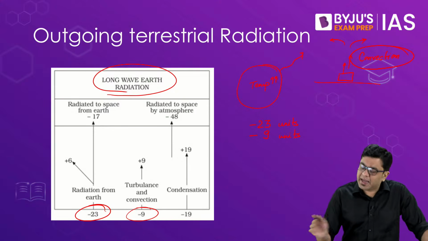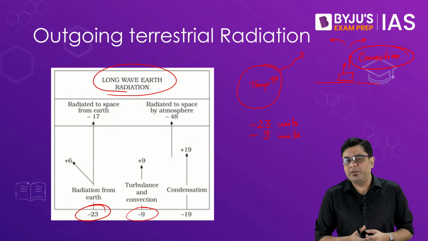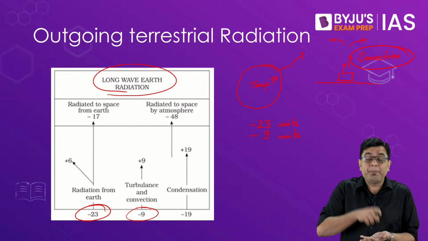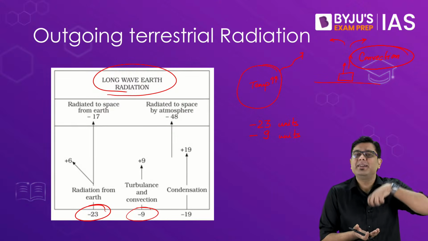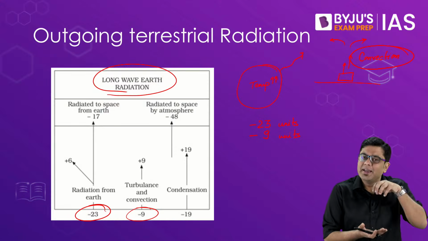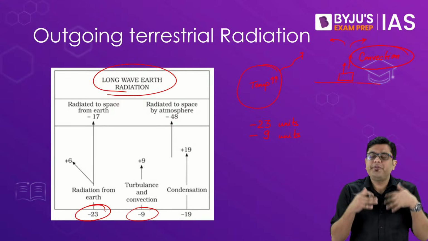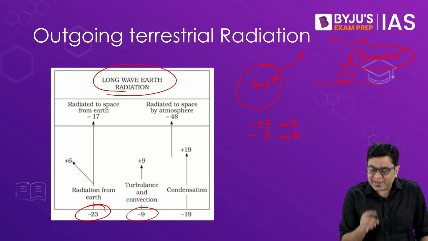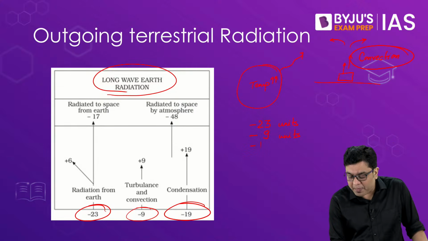And then again, by the process of evaporation and condensation in general, when you have evaporation which happens closer to the surface, all those water vapor particles eventually get condensed. That is also a method of transfer of heat from the surface higher up. So by that process, the planet manages to lose roughly around -19 units.